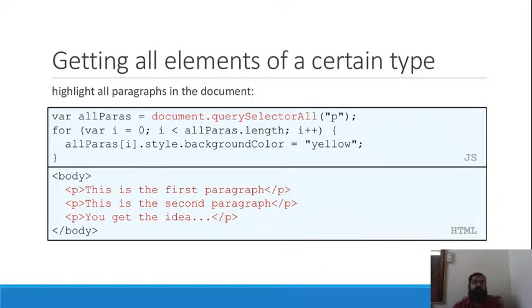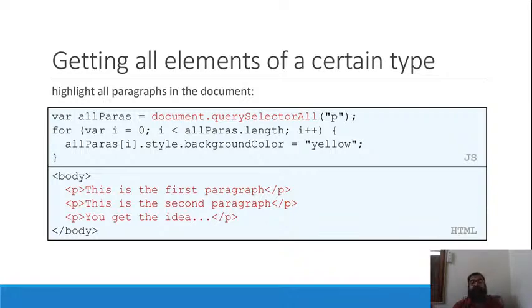So you can have something like this, for example getting all elements of a certain type. Okay, so you can have a variable allParas, okay. Highlight all the paragraphs in the text.